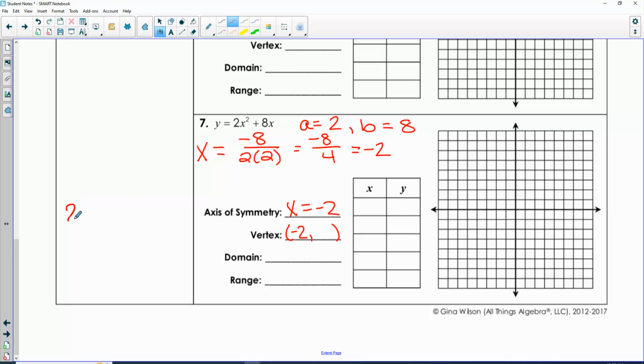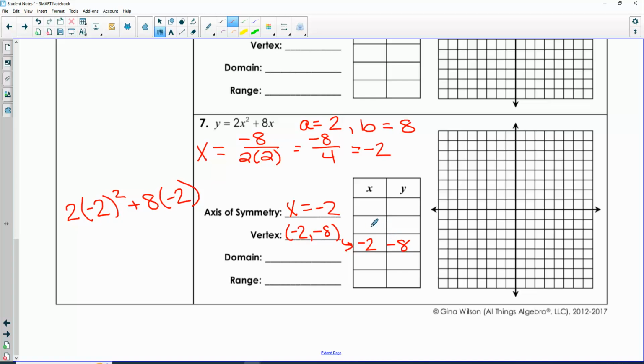To get the y, we go to our calculator. We're going to type in 2, parentheses, -2 squared plus 8 times -2. -8. So that's my vertex. Okay.